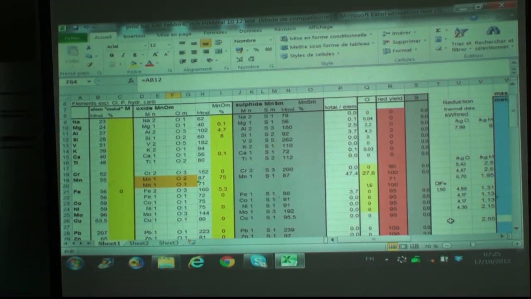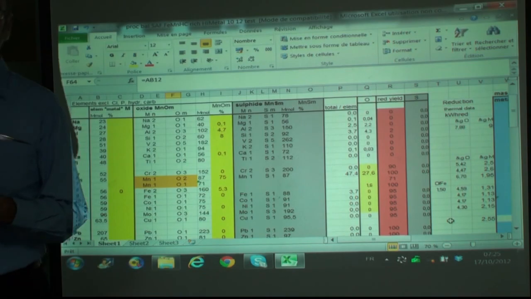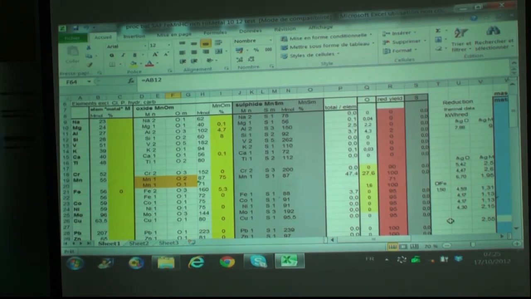So 1 kilowatt hour is 3.6, and 1 divided by that, yes, so it's like this, because this is 1 divided. Then yes, 0.27 kilowatt hour.